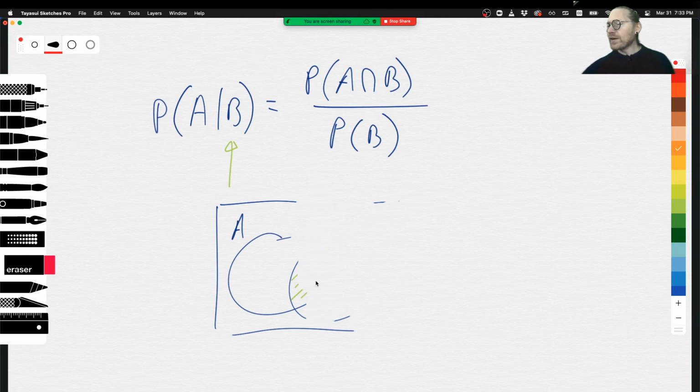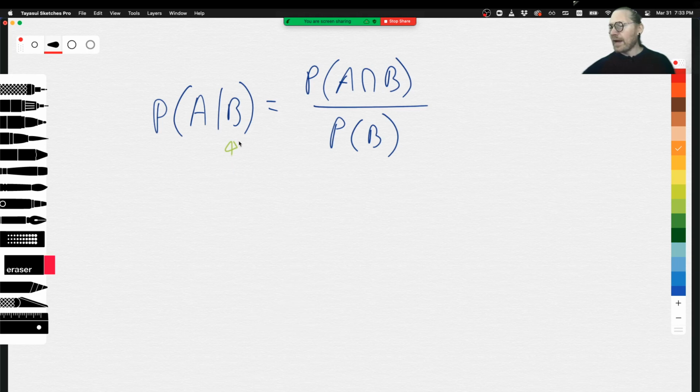So we can rearrange this formula a little bit, and there are some cool things that we can observe here.